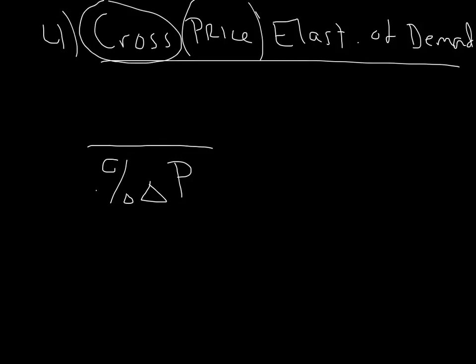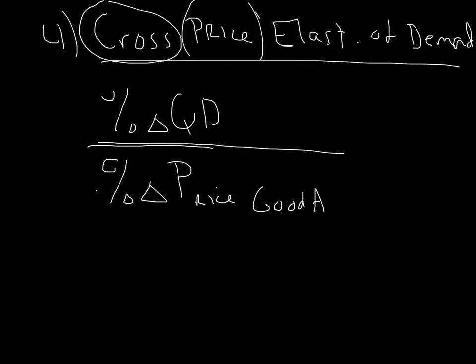This means there are 2 different goods. So here we're looking at change in price, how it affects the change in the quantity, but it's a price of 2 different goods. So it's the price of one good, I'm going to call good A, compared to the percent change in the quantity demanded of a different good, good B. Well, those 2 goods could be perhaps substitute goods or complementary goods.